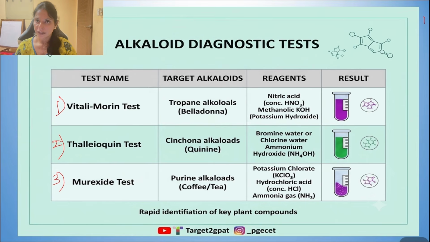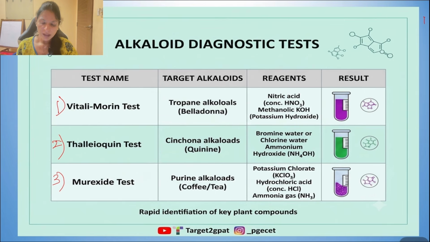And here the reagent used is concentrated nitric acid, along with methanolic potassium hydroxide, and the result is a purple color.